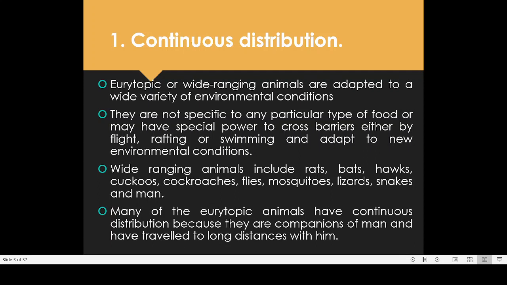Once there was a continuous land bridge between the Indian mainland and the Sri Lankan island, and through that land bridge, animals from India were easily migrating to Sri Lanka. That's why the elephant which is present in South India is also present in Sri Lanka. The leopard is present in Sri Lanka, and it is also present in India.